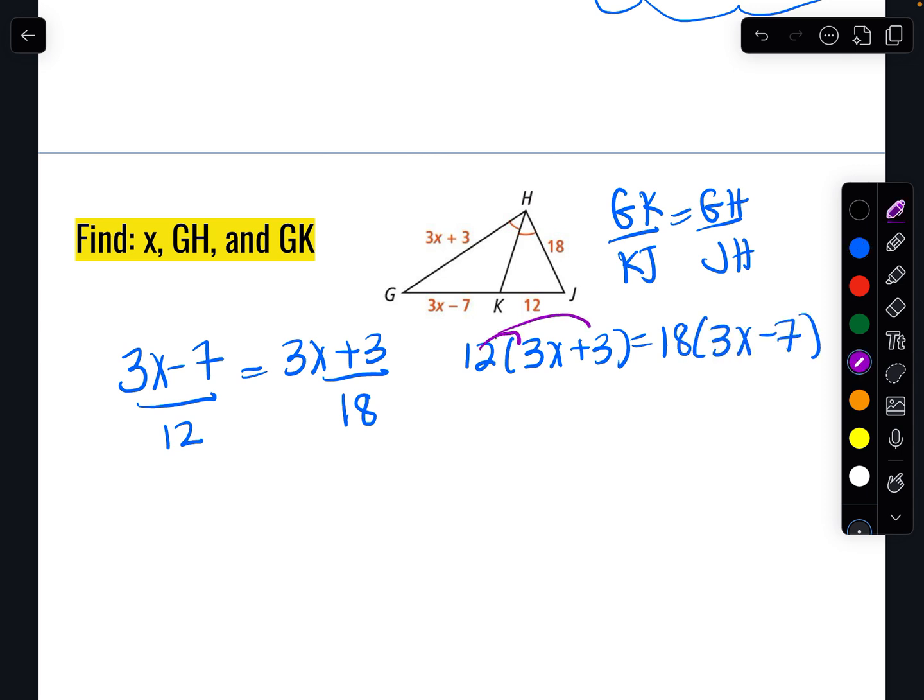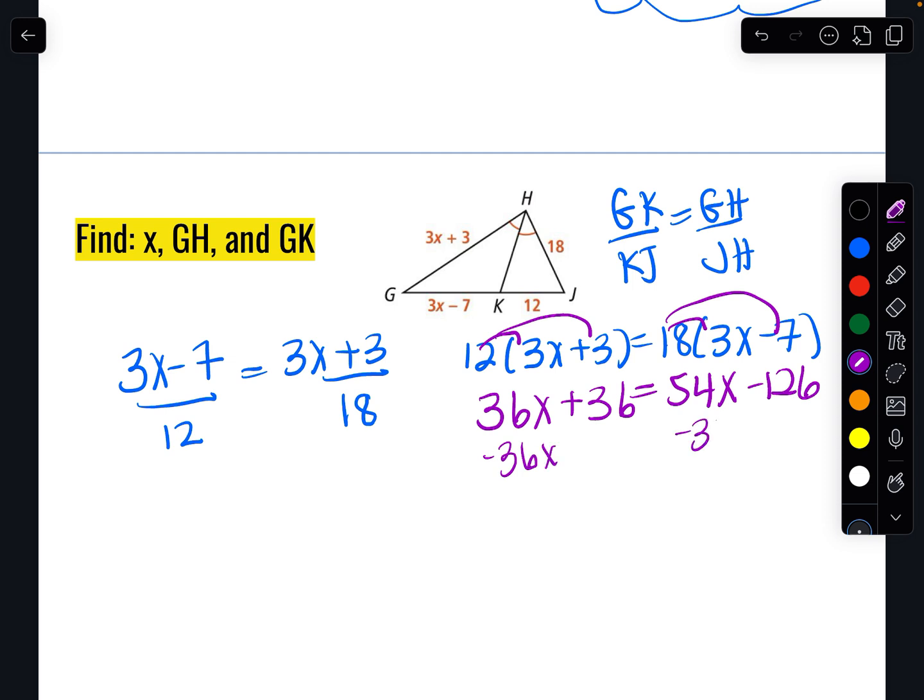And then distributing here, we end up with 36x plus 36 equals 54x minus 126. Getting all my x's on the same side here. I always like to get rid of the smaller one.